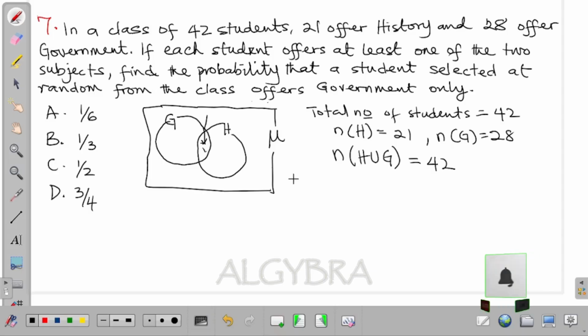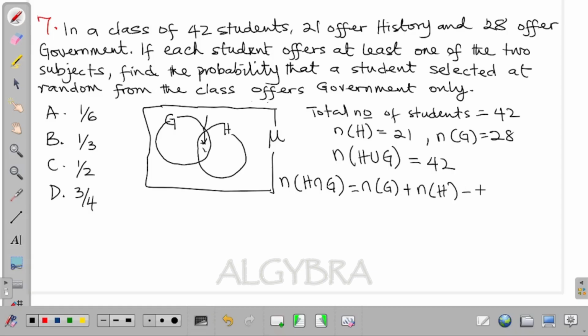This says that the number of persons offering both government and history is equal to the number of students offering government plus the number of students offering history minus the number of students offering either subject, which is H union G. So the persons offering both history and government is unknown, but the number of students offering government is, sorry, this should have been 21, let me try to write this out.